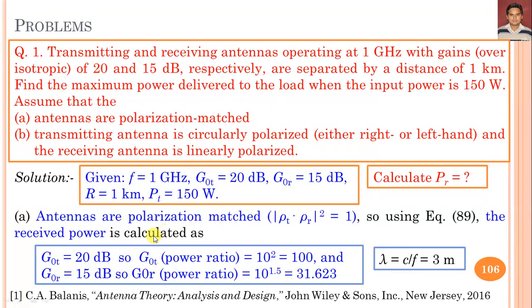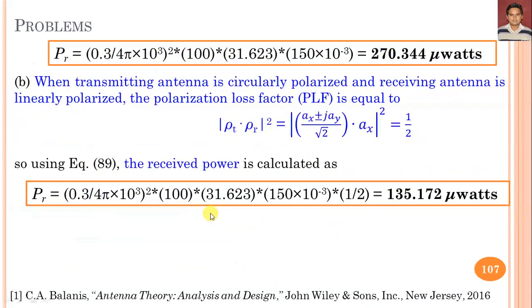First we need to calculate the power ratio, the absolute value of the transmitting and receiving antenna gain, as well as the wavelength lambda. By putting in the given parameter values, we can calculate P_R equal to (0.3 upon 4 pi into 10 to the power 3) squared into 100 into 31.623 into 150 into 10 to the power minus 3.